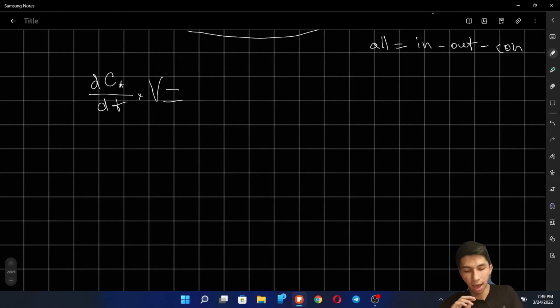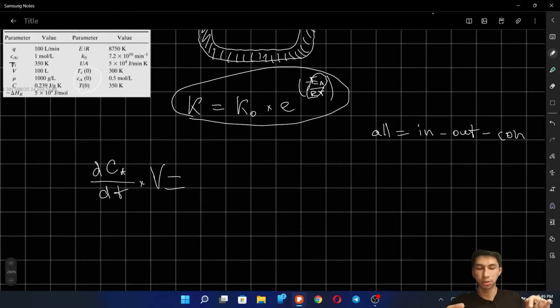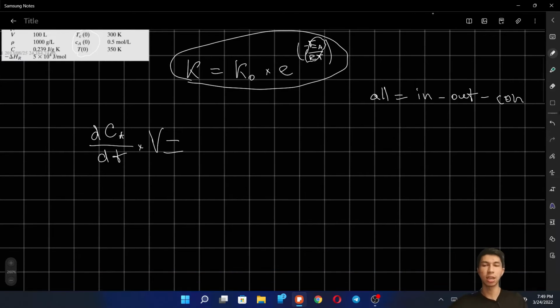Because here we have concentration times volume over time. And our unit for Q is volume over time, which makes it the same thing. So for this side, we're going to have our flow times the concentration of A that's coming in.